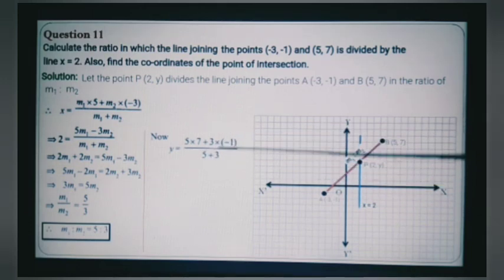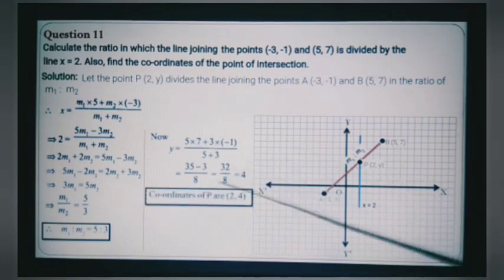Simplify this, you will get y equals 4. Therefore the coordinates will be 2 comma 4. So you may pause the video to note down.